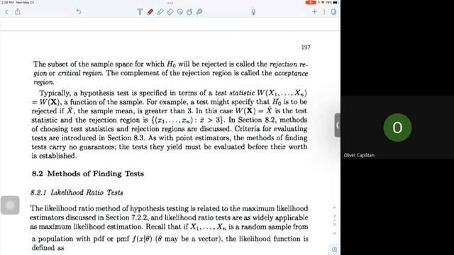In this case, our test statistic is our sample mean. Then the rejection region is the set of all sample points such that the estimate of our estimator, which is the small x bar, is greater than 3.